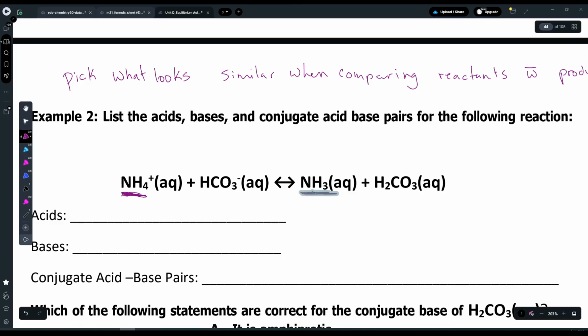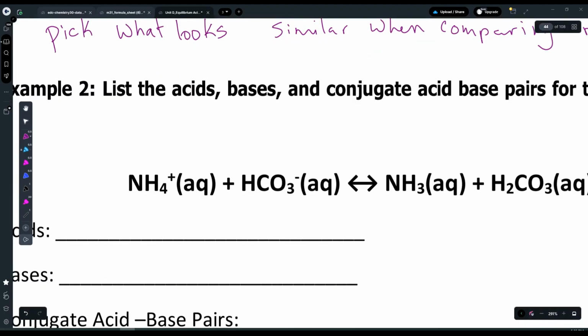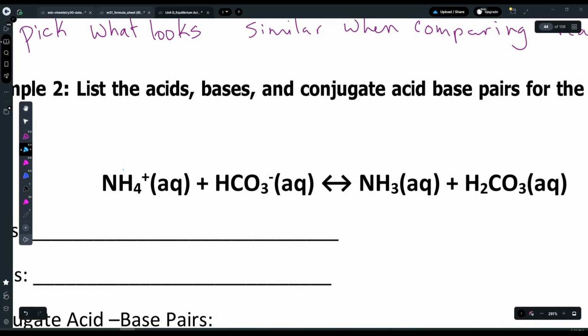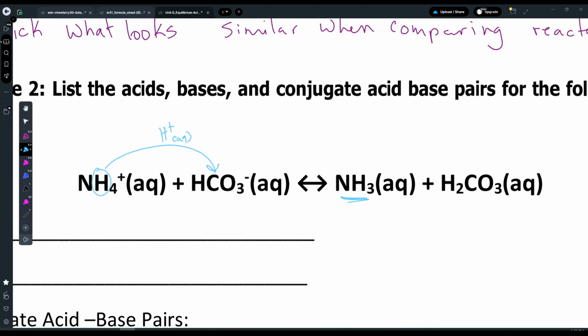So that's my guarantee that a hydrogen is moving away from the ammonium ion, because that's what's going to produce the ammonia. And also, if you look at this hydrogen carbonate ion, in order to create carbonic acid, H2CO3, the hydrogen carbonate ion had to accept a hydrogen.